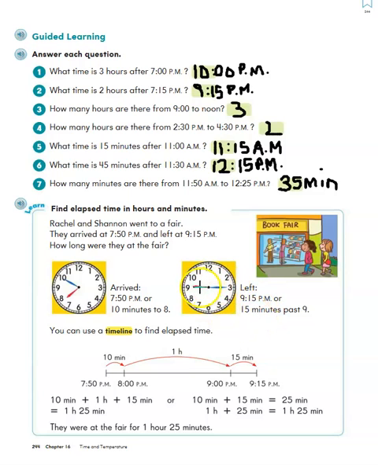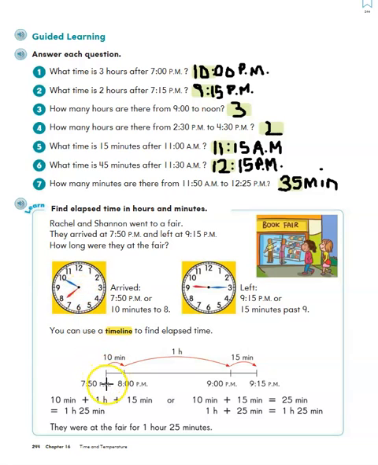So here is our hour hand right past the 9, and our minute hand is on the 3 because that's 5, 10, 15. So we need to figure out how much time passed between 7:50 p.m. and 9:15 p.m. So the easiest way to do that, guys, is to have a number line like this. So we want to start our number line or timeline at 7:50 p.m. since that's when they got there.